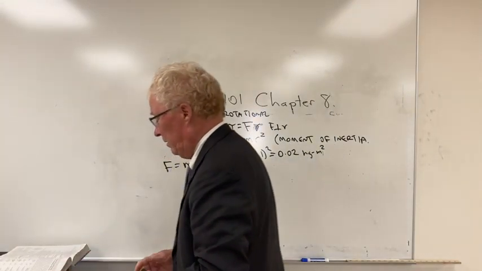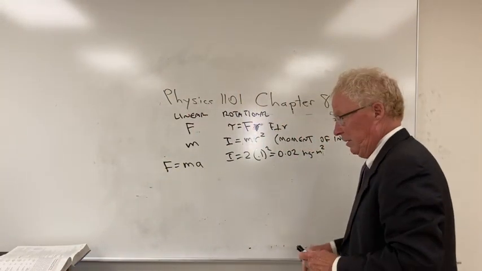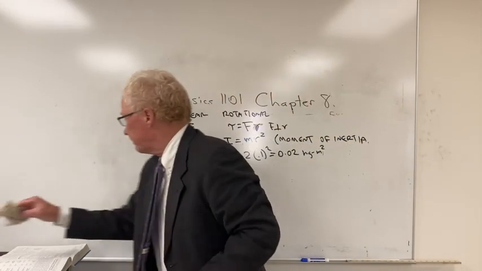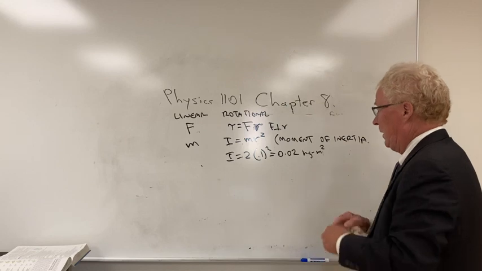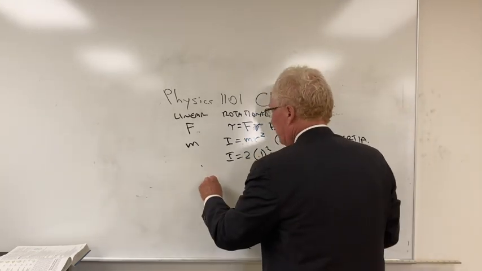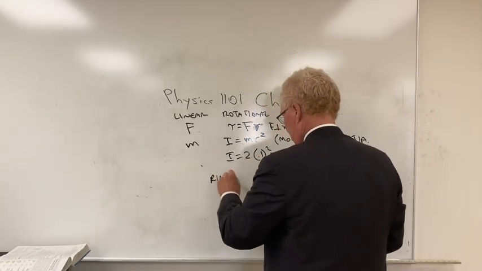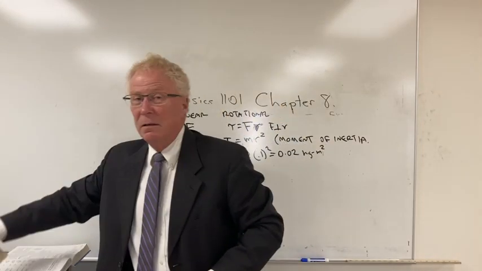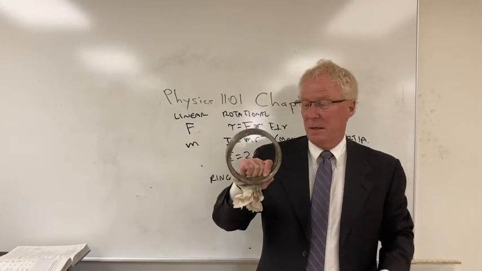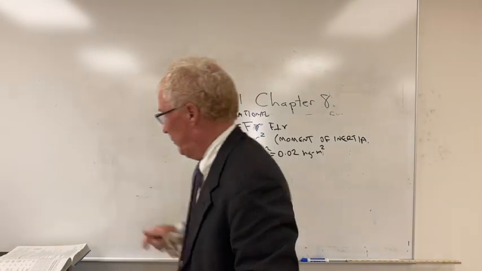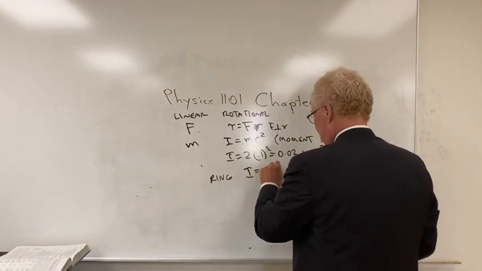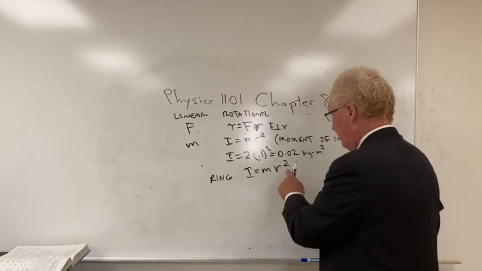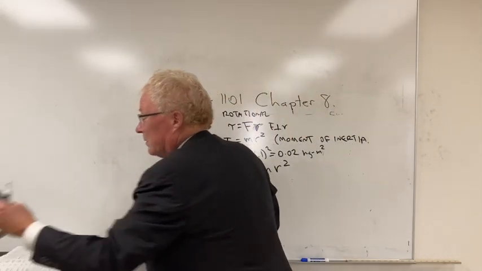So we'll compare 3 different objects here. If we have a ring like this, then the moment of inertia, I, is mr squared, where r is the radius and m is the mass.